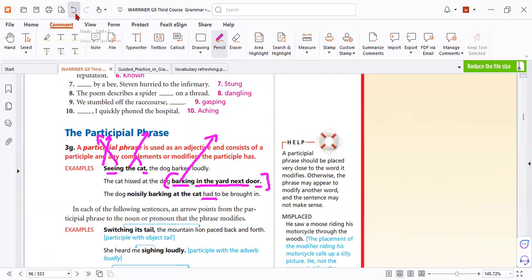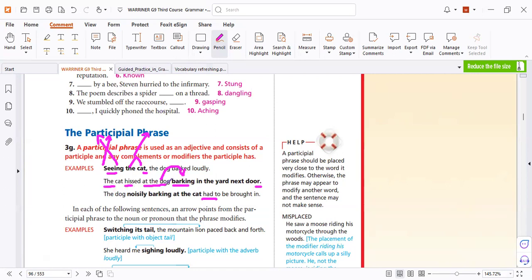So now I understand how the writers write. Let's see, look: the cat hissed at the dog. The dog was barking in the yard. That's it. It was a dog which was barking, isn't it? So who or what was barking, the cat or the dog? Check the phrase after dog.